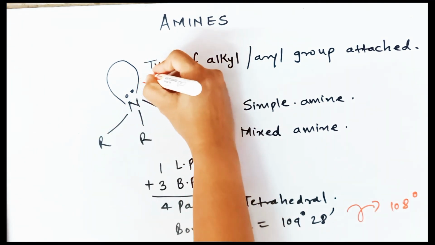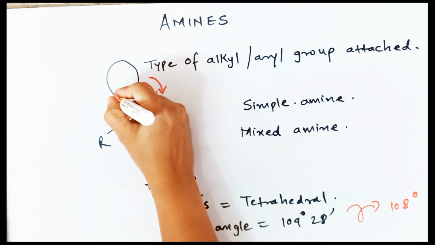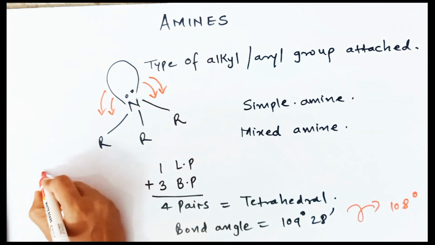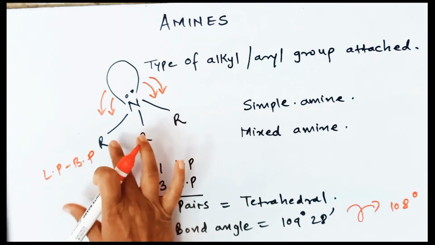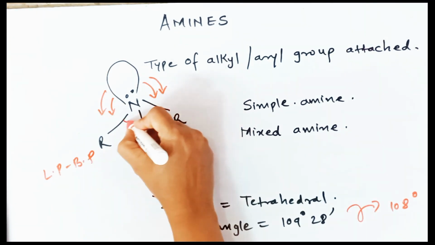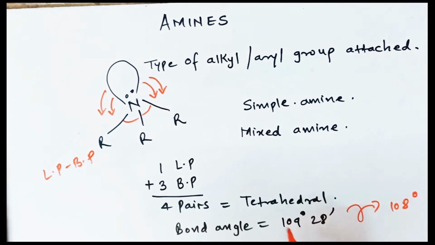So there's going to be lots of push from the top, there's going to be a lot of repulsions from the top. So they will say that there's lots of lone pair bond pair repulsions, which makes the bond angle deviate from ideal bond angle to a smaller bond angle. So this can be a question for us in the exam. What is the geometry of the amines and what is the shape of amines?